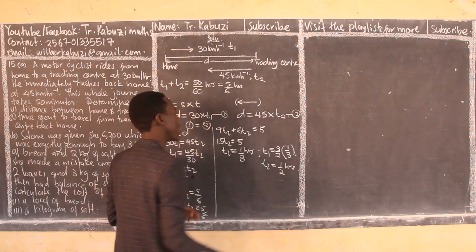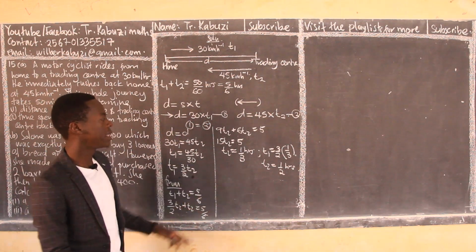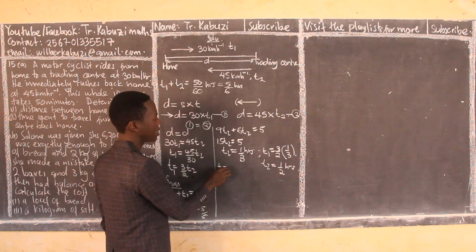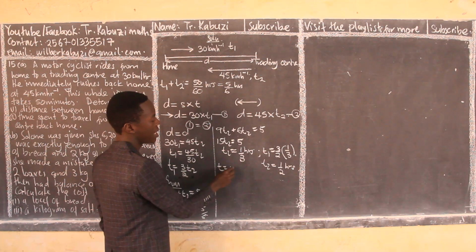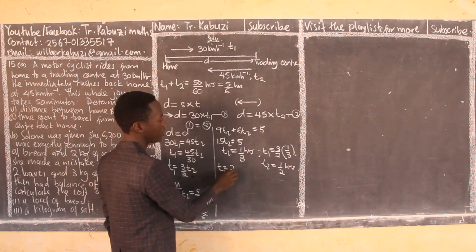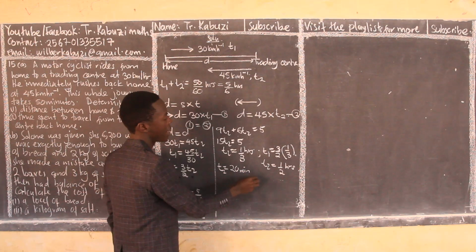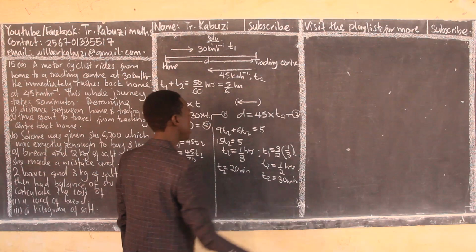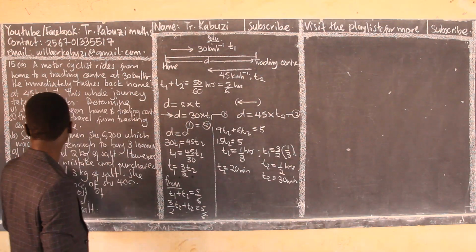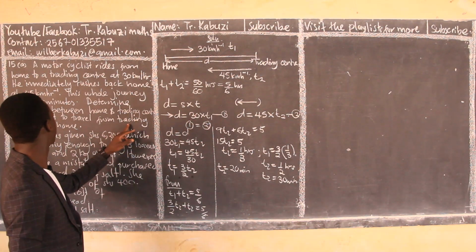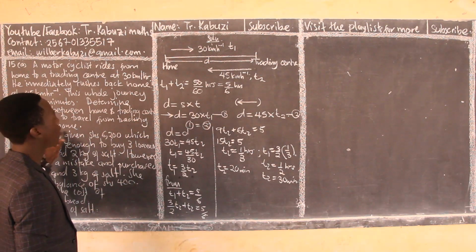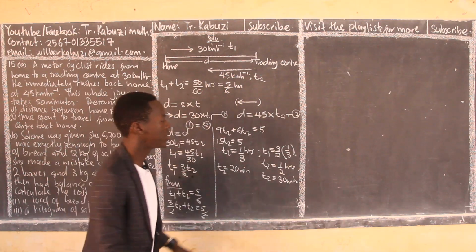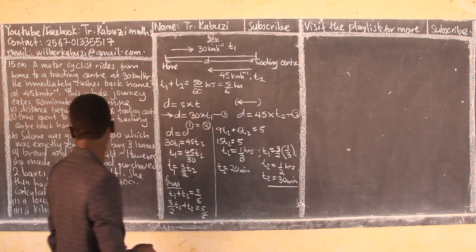By the way, if you convert to minutes, you multiply this one by 60, so T1 will be just 20 minutes, and this one is going to be 30 minutes if you want it in that order. So the first part was the time spent traveling from the trading center back home, which is T2. So our T2 was just 30 minutes.